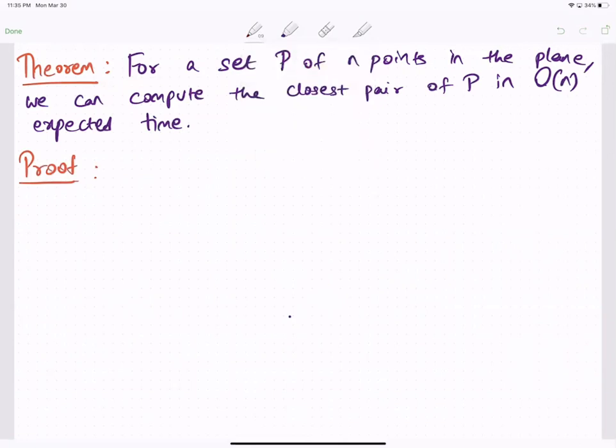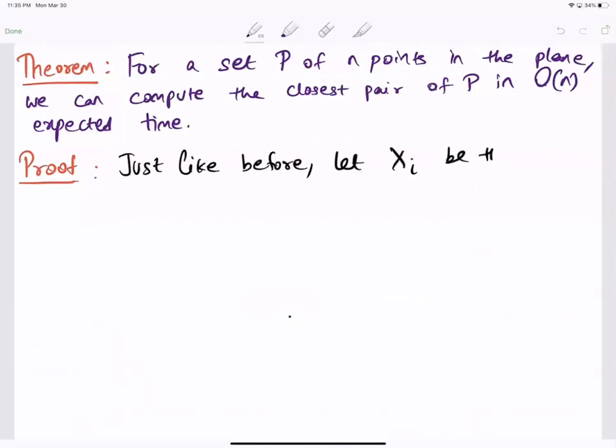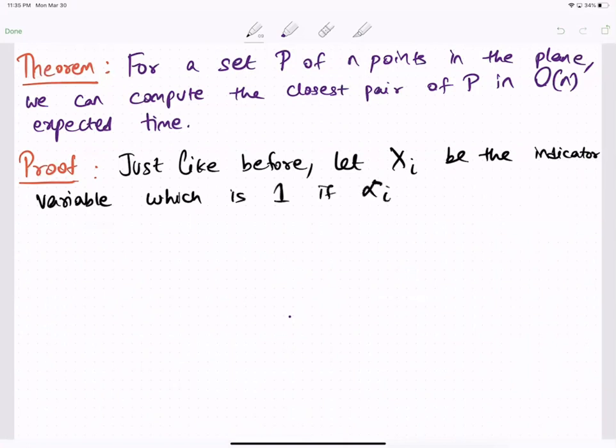So just like before, let xi be the indicator variable which is 1 if alpha I is not equal to alpha I minus 1, otherwise 0.